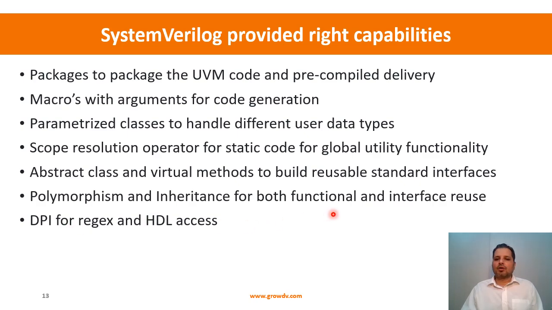That's all possible because of the concepts of polymorphism and inheritance. And then there is also some level of DPI used within the UVM, which provides string based regular expression matching, and the HDL access. This is all possible through the DPIs. So overall, it uses these capabilities of the language to implement the methodology.